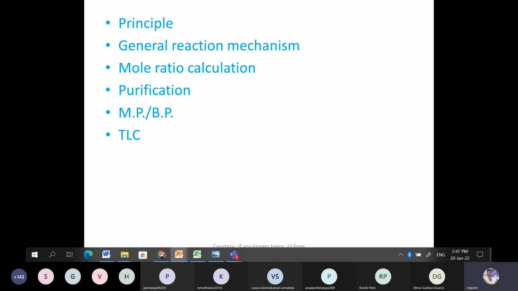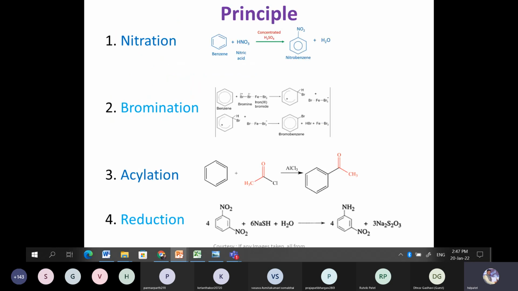So this is the general overview of reactions or preparations where some points are required to understand. Now we are going to discuss nitration. What is the principle behind nitration? Nitration is a reaction in which, when we carry out the reaction using nitric acid and sulfuric acid, we get the nitronium ion, NO2 plus.